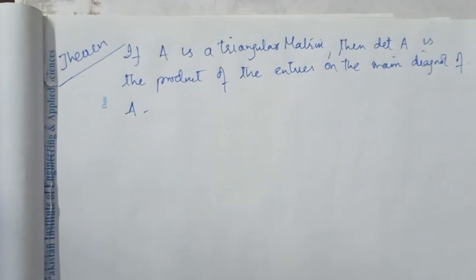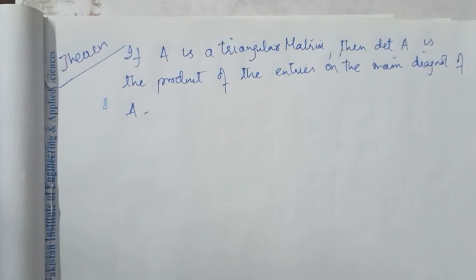Right, so you can use that property to make A a triangular matrix, and then the determinant is simply the product of the diagonal entries.